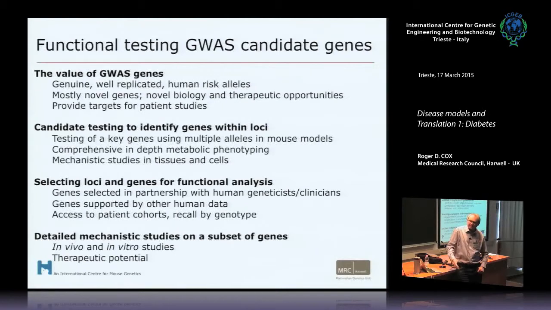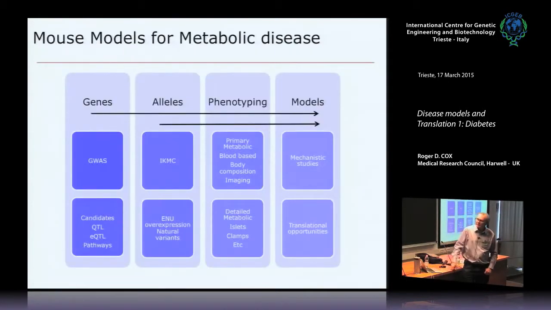So the aim is to do detailed mechanistic studies on these genes to understand how they function, and to investigate their therapeutic potential. We have a source of genes on the left there from genome-wide association studies. There are genes coming from other sources as well, but the main focus is on GWAS.